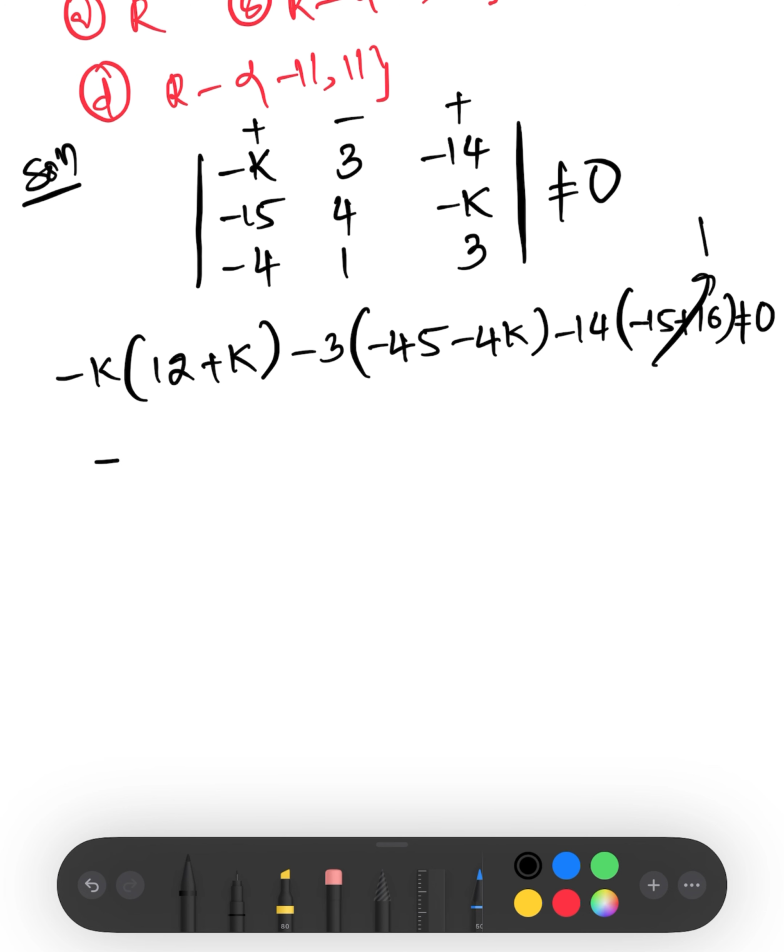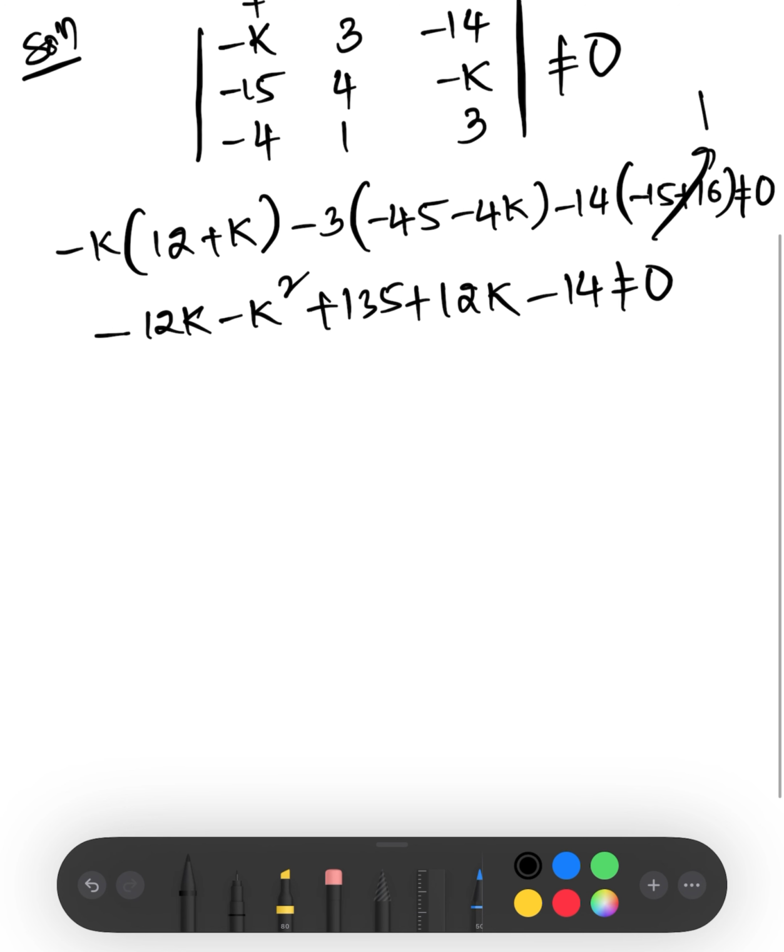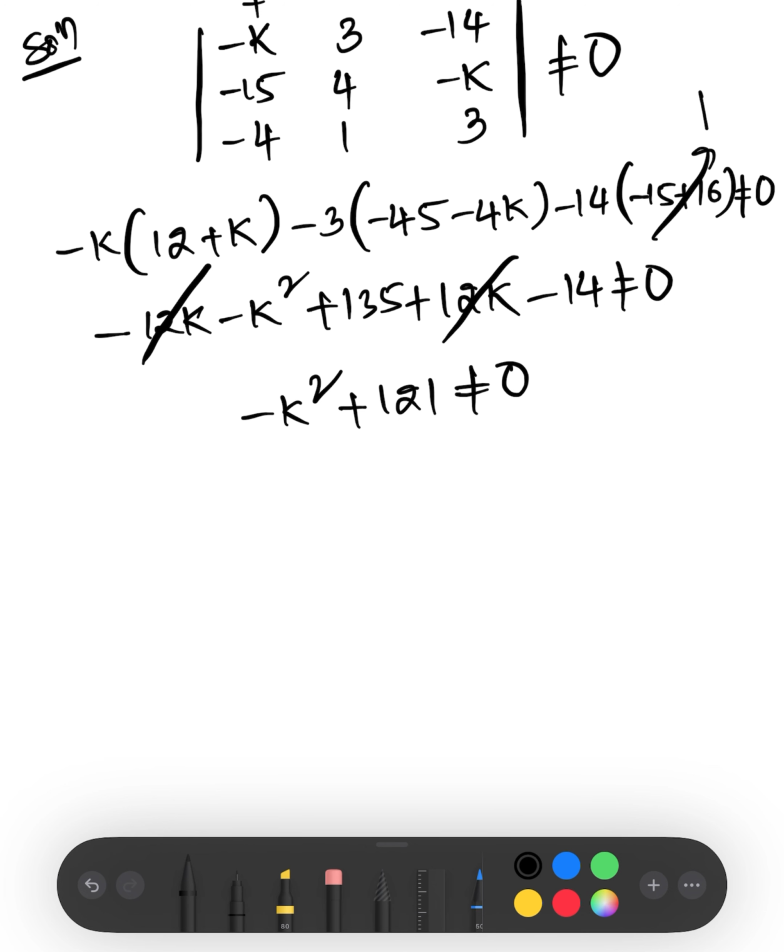Then it is minus 12k minus k square. The 45 threes are 135 plus 12k, and minus 14 is not equal to 0. Now clearly 12k minus 12k gets cancelled; minus k square, and 135 minus 14 is 121, not equal to 0.